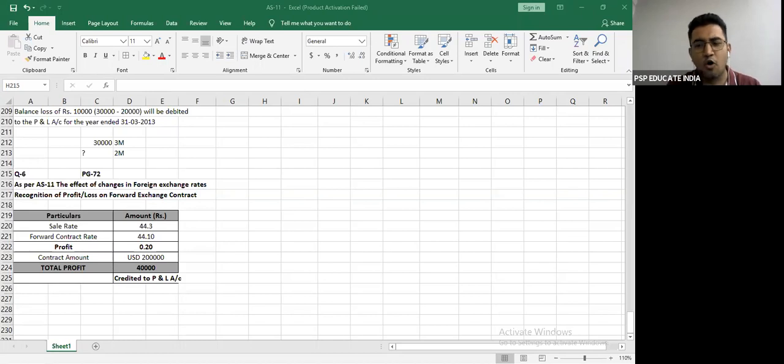Are you getting it? On the other hand, in a speculation transaction as well, when you strike a deal at 44.3, you will go to the bank and tell them, our contract was at 44.1, you will give it at 44.1 and take your dollars from there, and you will sell them here, you will get 44.3, and 0.2 will be your gain. Right?